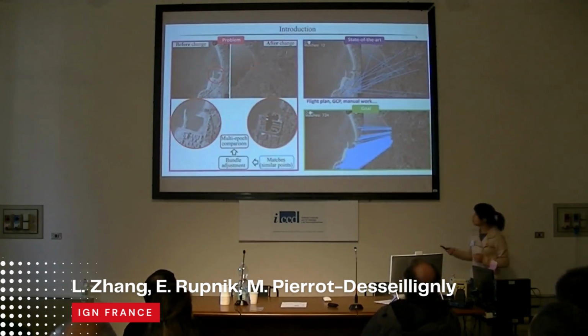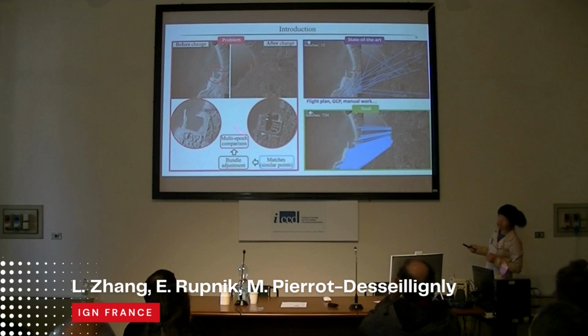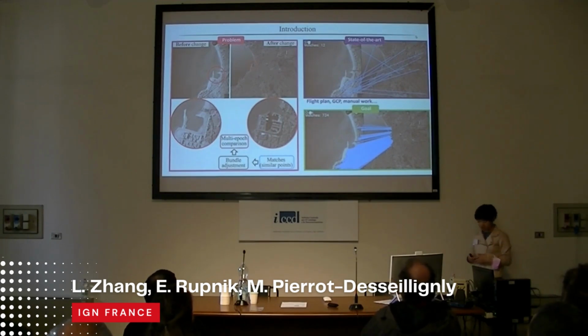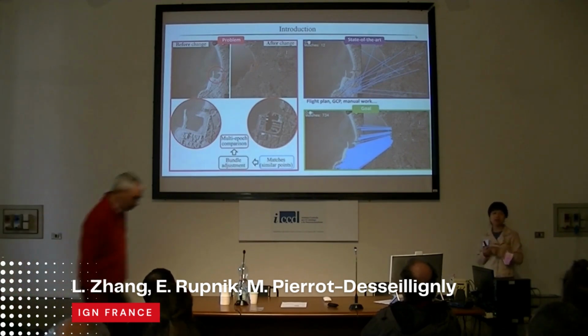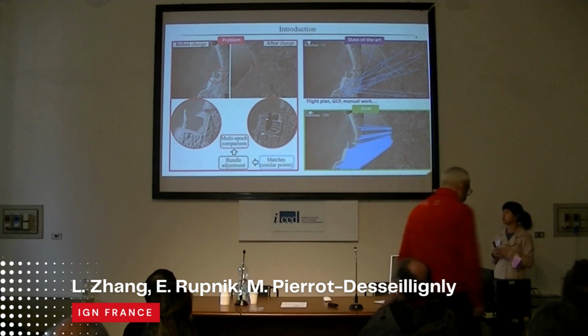Here on the left, I display the problem we are facing in our PhD. Imagine we want to do change detection, and we have images taken before and after the change. In order to do multi-epoch comparison precisely, we need to do a bundle adjustment to estimate the camera parameters.